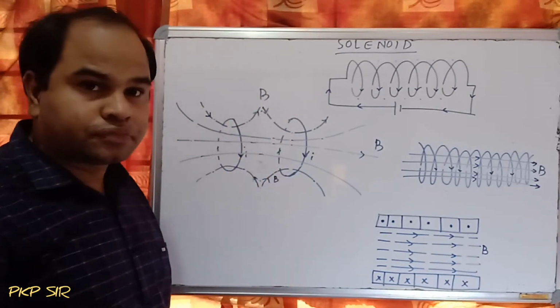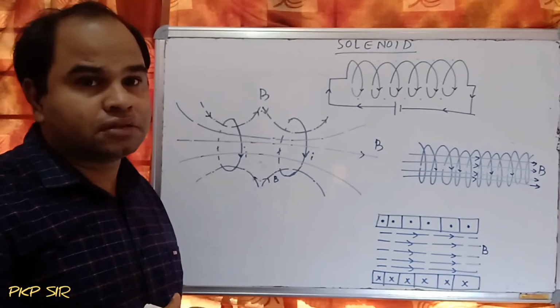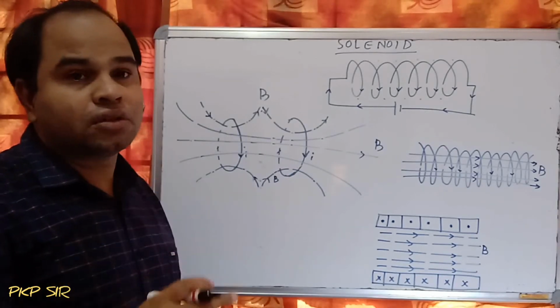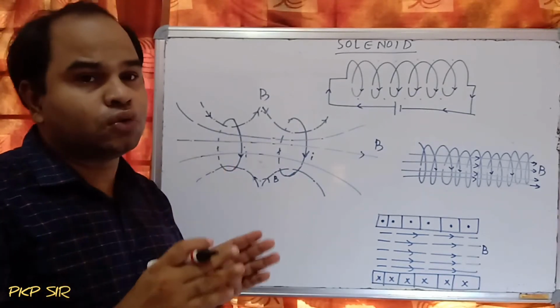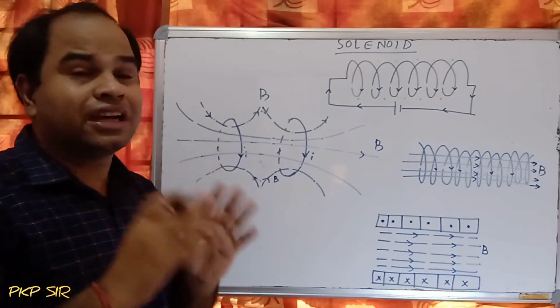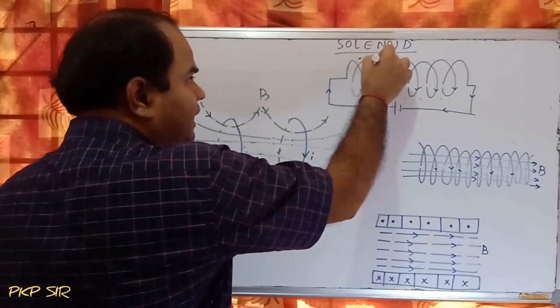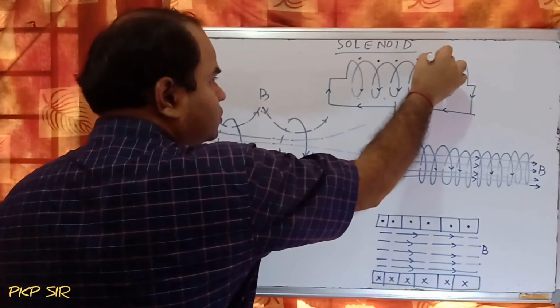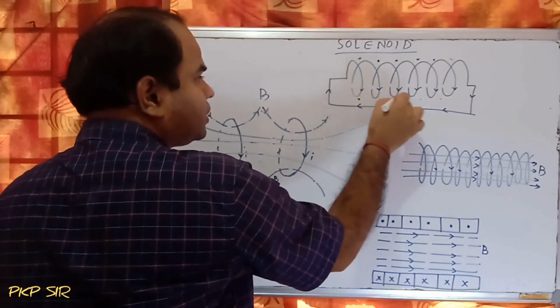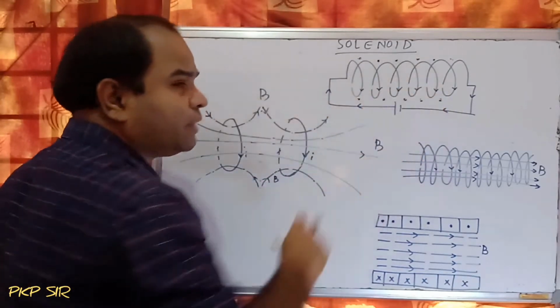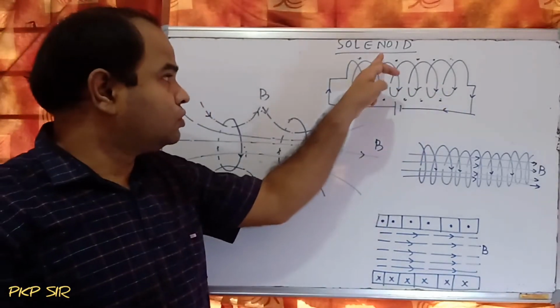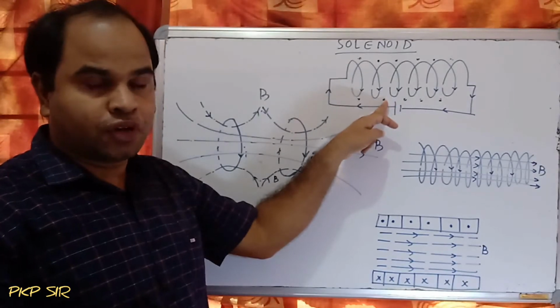Just like that, when the wires of a solenoid are very close to each other or they are tightly wound, there will be no magnetic field at these positions, or we can say there will be no magnetic field outside of the solenoid.